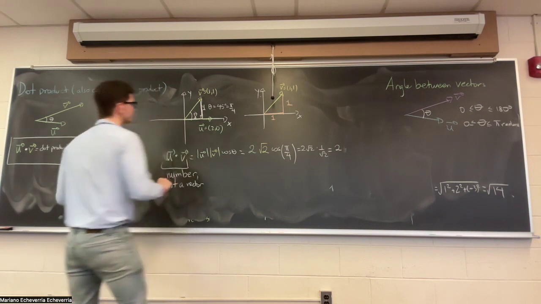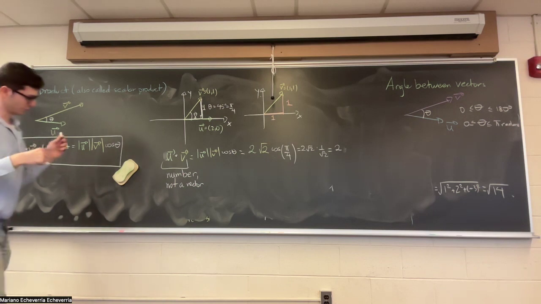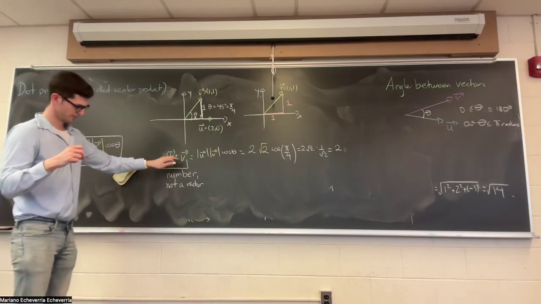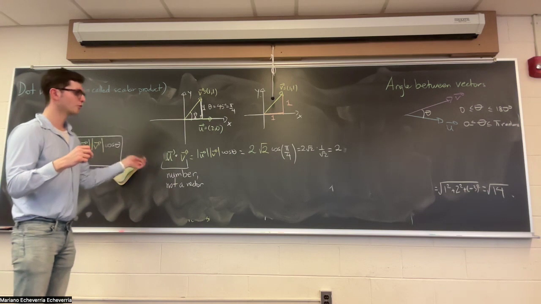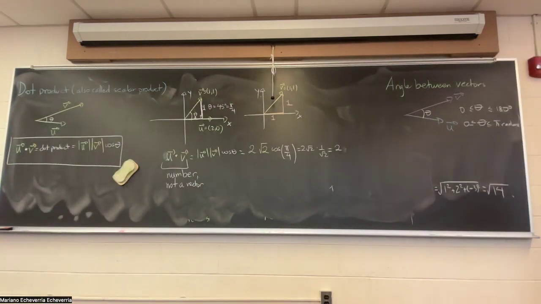That's important to distinguish because next class we'll talk about the cross product, and that one will produce a vector, not a number. So whenever you take the dot product between two vectors, the answer has to be a number.